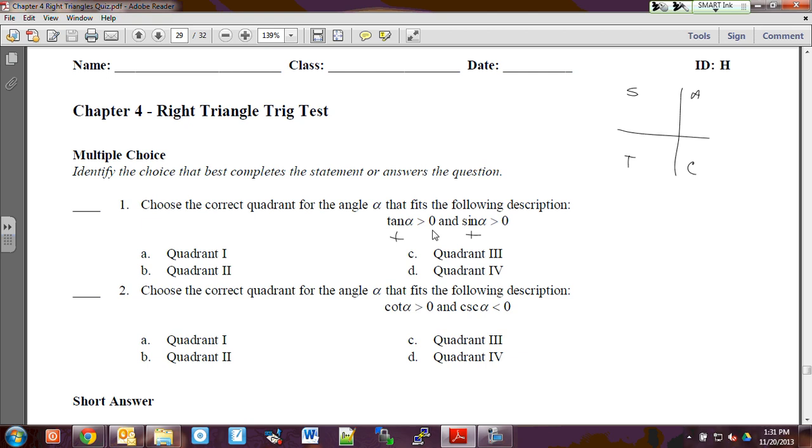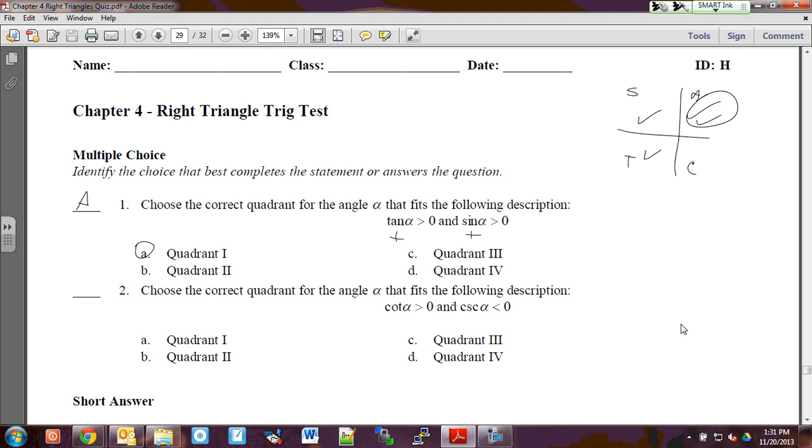We have to figure out where both the tangent and the sine are positive. Well, the tangent is positive here and here. The sine is positive here and here. So the only one where they're both positive is quadrant 1. Okay, quadrant 1. So the number 1 is A.